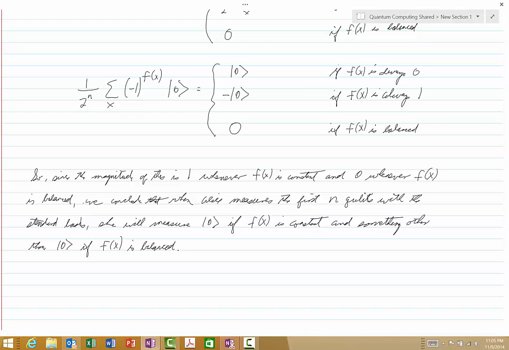And if she measures anything other than 0, she knows that it's a balanced function. And that is how the Deutsch-Jozsa algorithm allows Alice to determine if Bob's function of n Boolean variables is constant or balanced with just one query.